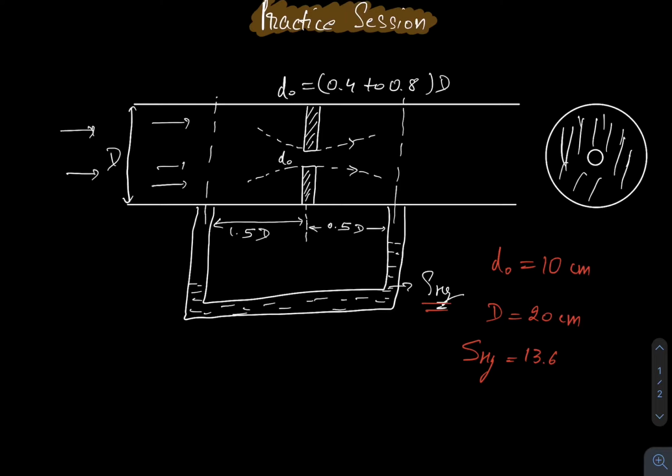And what's given to us? This reading, the small h. The reading of the differential manometer is 30 centimeter. Basically, the pressure difference at both the points that we used in Bernoulli's equation is 30 centimeter of mercury.